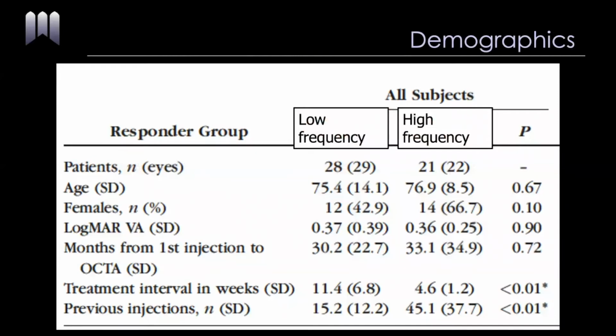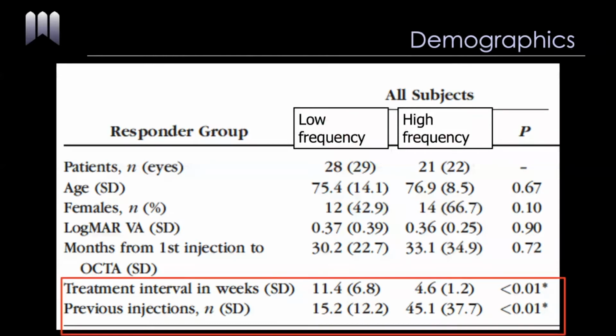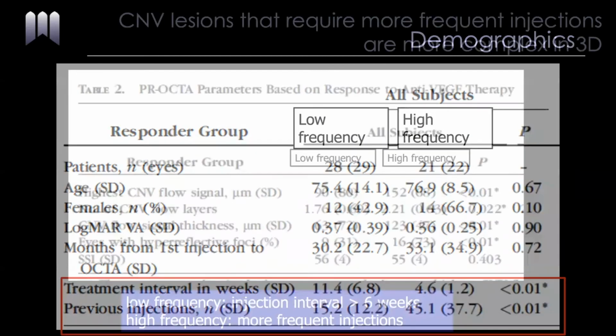When we looked at the demographics of these eyes, so now we had a larger sample of about 50 eyes. The main difference wasn't the duration or any of the demographic features, but the frequency of injections and the interval between these injections. So the high frequency had more frequent injections and smaller interval between the injections.